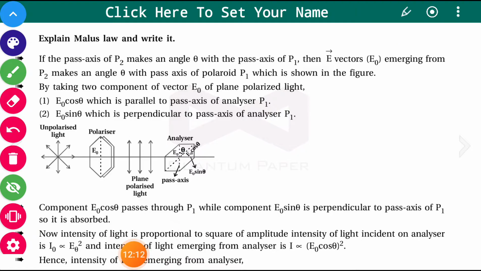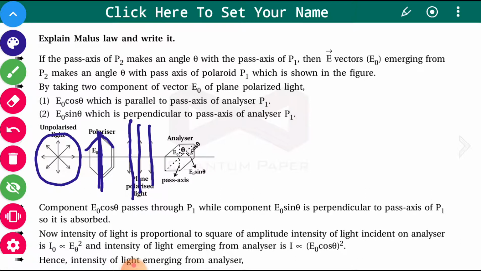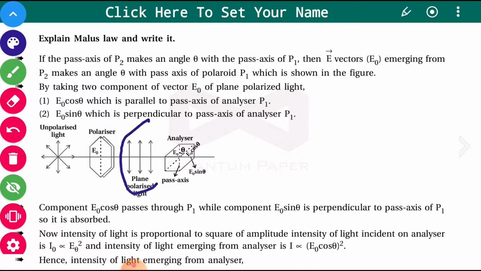Now using this concept we have the Malus law. Here see, this is the unpolarized light, this is the polarizer, and this is its optic axis. Now this unpolarized light is incident on this polarizer. Then these are the E vectors which come out from the polarizer, which is a tourmaline plate, say for example, and this light is polarized light. Now another polarizer is kept in the path of this polarized light.